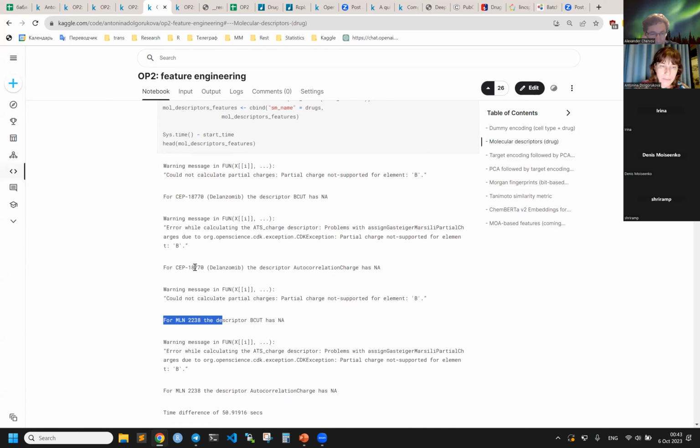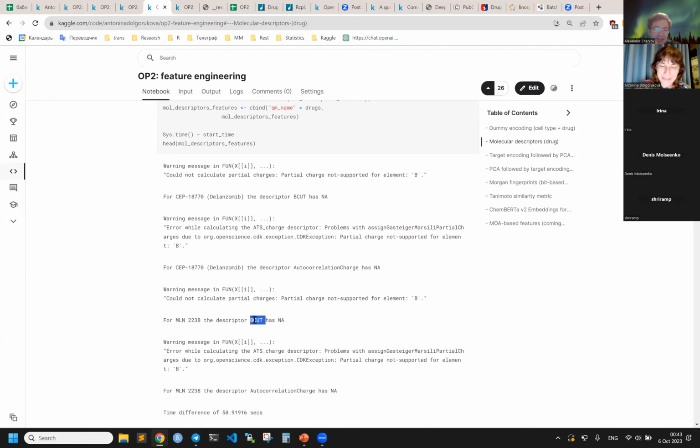And this one, what does it mean? Cat has NA. Do we understand why NA for this descriptor? To get some knowledge of this, I didn't have much time actually. I just made it yesterday. So this analysis needs somebody to dig deeper.